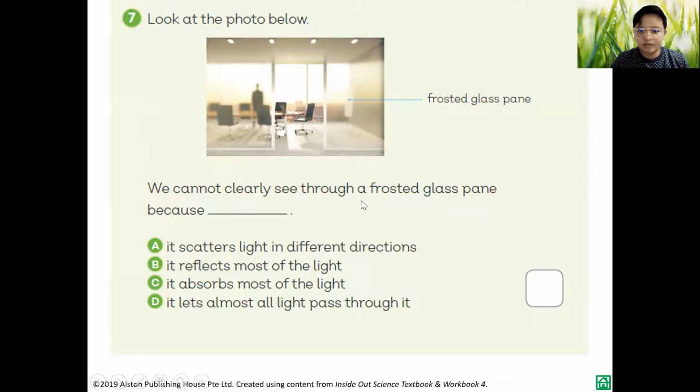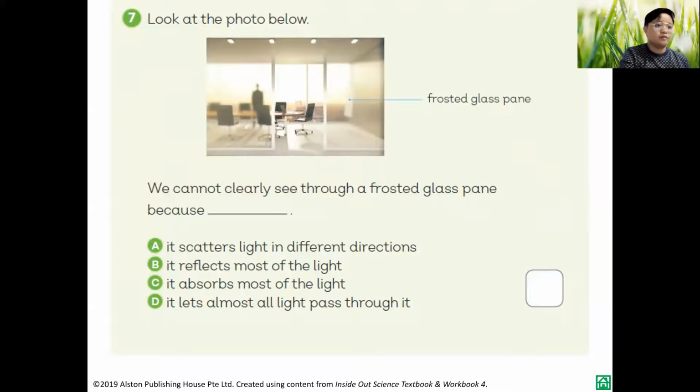We cannot clearly see through a frosted glass pane because A, it scatters light in different directions. B, it reflects most of the light. C, it absorbs most of the light. Or D, it lets almost all light pass through it. So a frosted glass pane is an example of a translucent object.